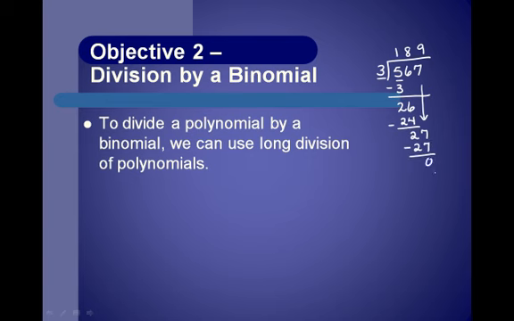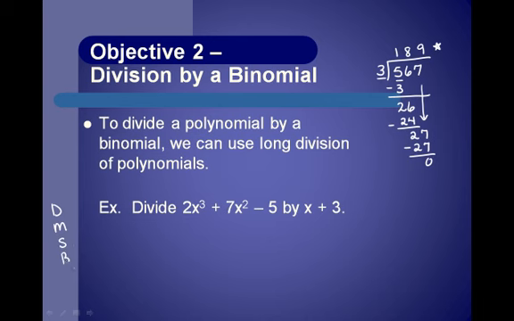Subtract, which gives us a balance of 0. So our answer is 189. Well, when we do our long division of polynomials, we're going to do the same steps. We're going to divide first terms, we're going to multiply, we're going to subtract, and we're going to bring down.